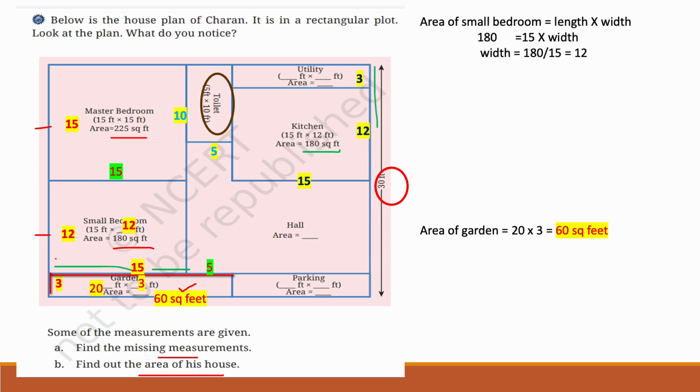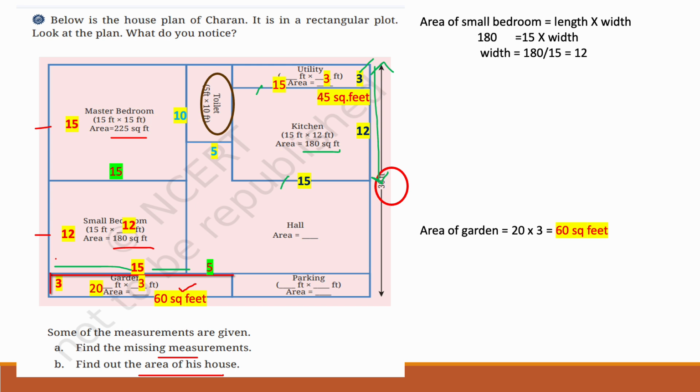Up to here it is 15. It is given. So, 15 minus 12 is equal to 3. Width is 3. Then, its length is 15. Area is 15 into 3, that is 45 square feet.